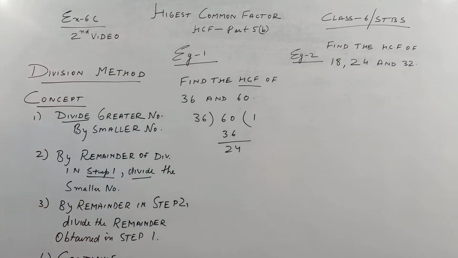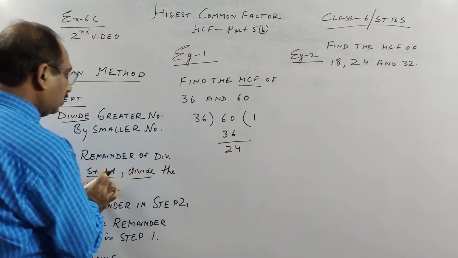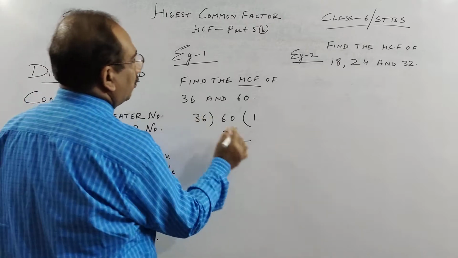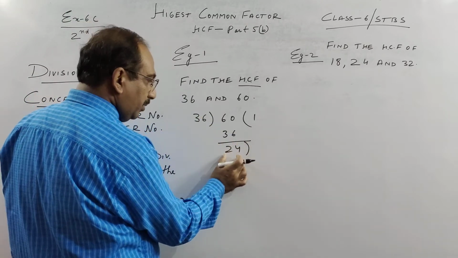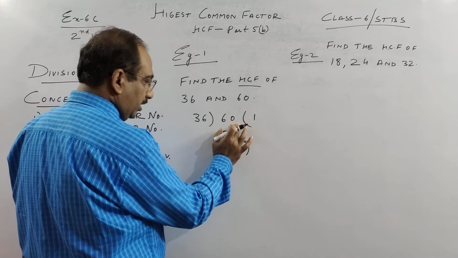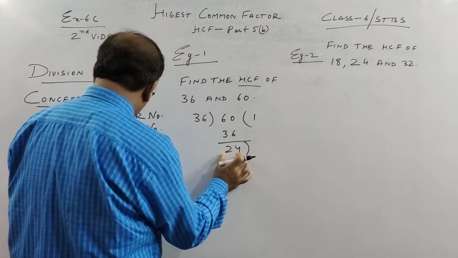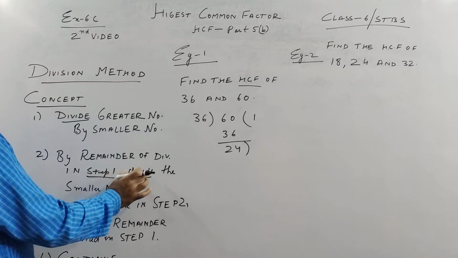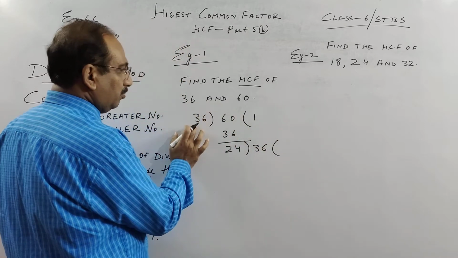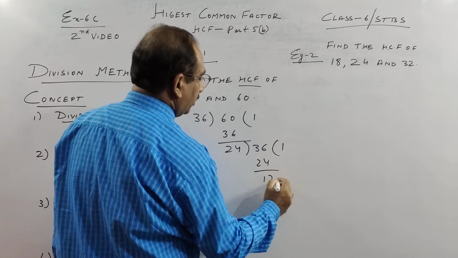In step 1, the divisor becomes the dividend, and there is a quotient and a remainder. By the remainder of division in step 1, divide the smaller number, which is 36. So this was the smaller number, this was the bigger number. Again it will go one time, and you will have 12.